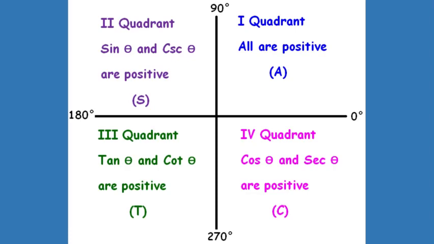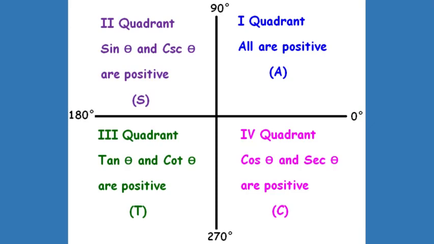If you observe the third quadrant, only tan theta and cot theta are positive, and the remaining values are negative. In the third quadrant, you can see the values between 180 and 270 degrees. Similarly, in the fourth quadrant, only cos theta and secant theta are positive. Remaining values are negative.